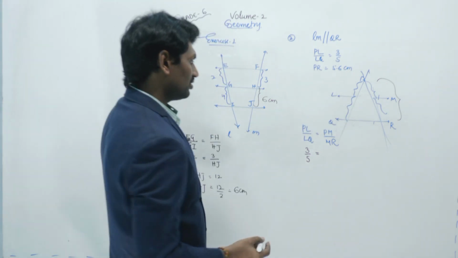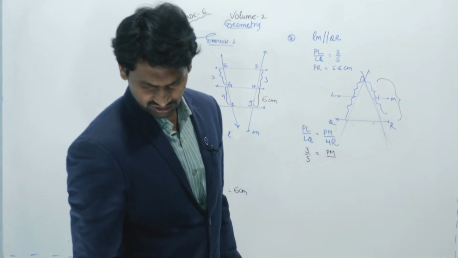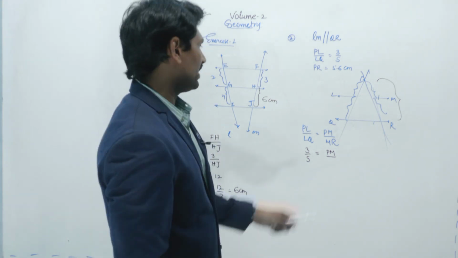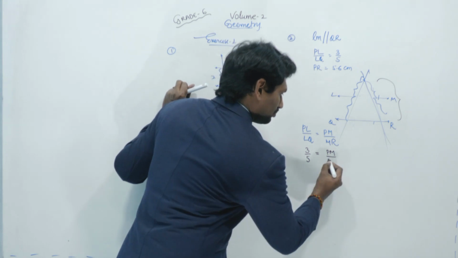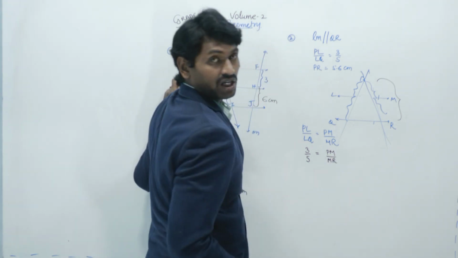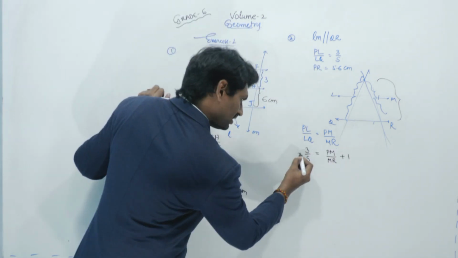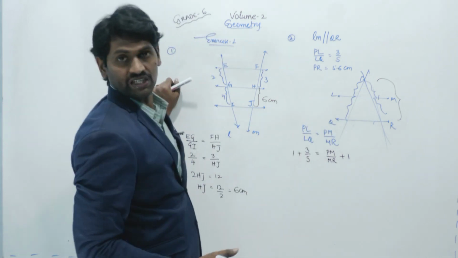PR value is given, and we need to find the PM value. So for PM by MR, I'm just adding 1 to both sides to identify the value of PR.